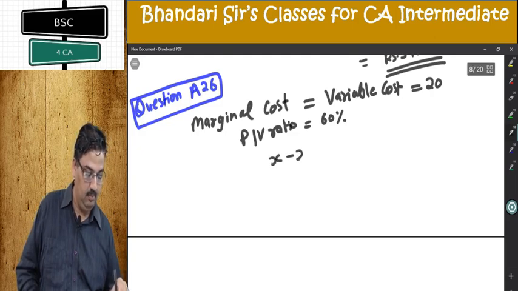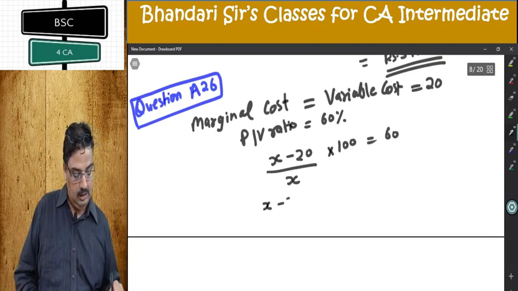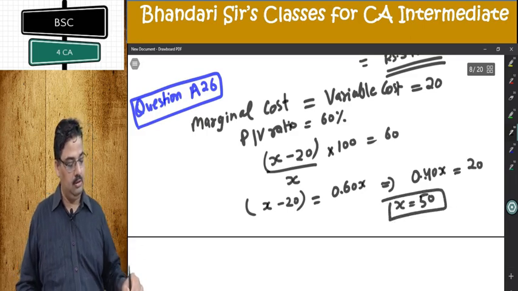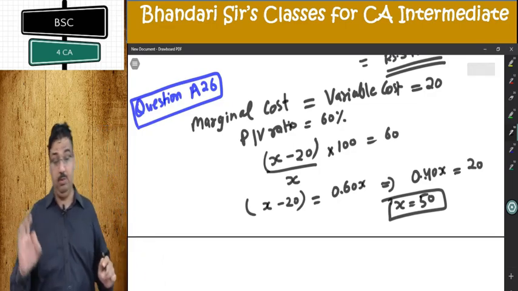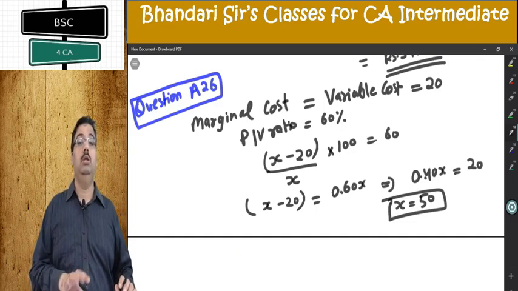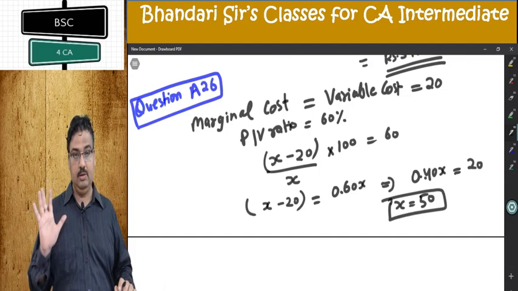Selling price X minus 20 divided by X into 100 is 60. So X minus 20 is equal to 0.60X. 0.40X is equal to 20. X is equal to 50. That is the answer of this. Nothing difficult. Simplest possible question. Sitting in exam, if you forget the meaning of marginal cost, then you will not be able to do this type of question. This is question number A26.